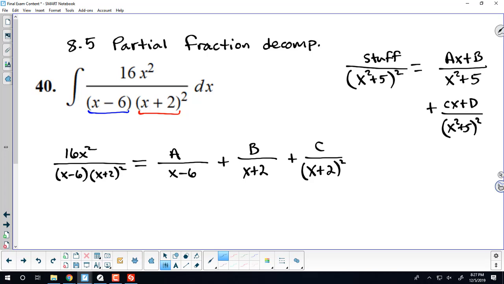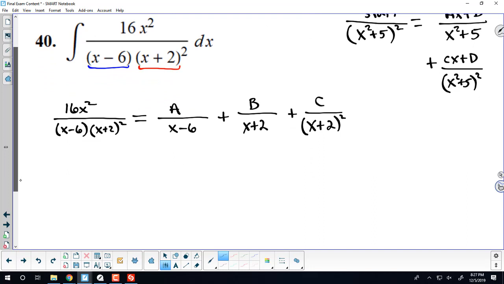And so then we have to solve this equation here for a, b, and c, which we do by multiplying through by this common denominator on the left.